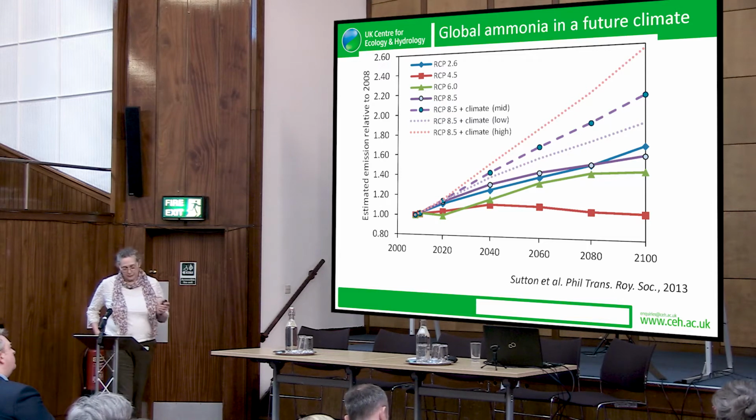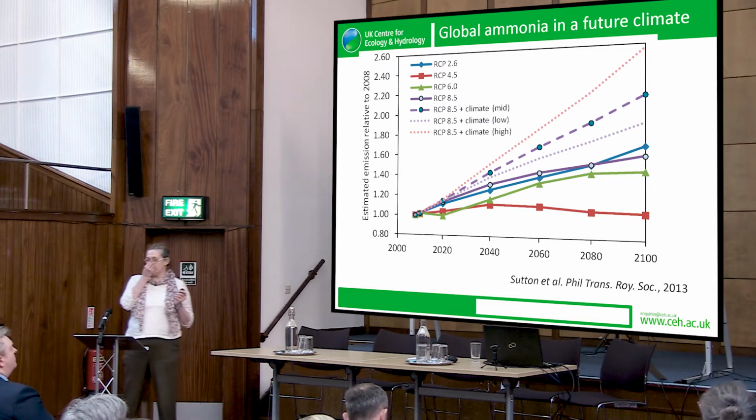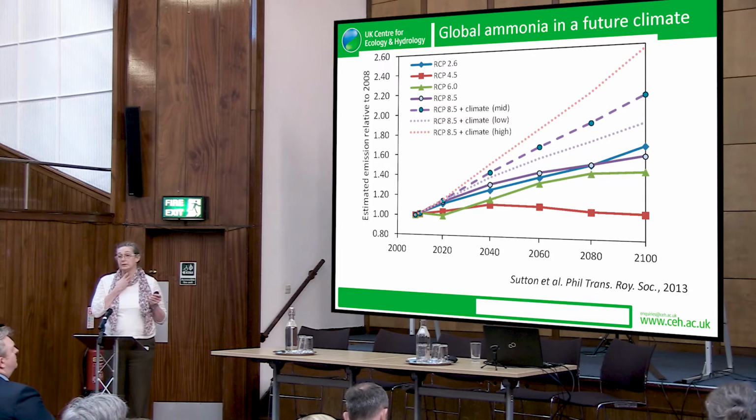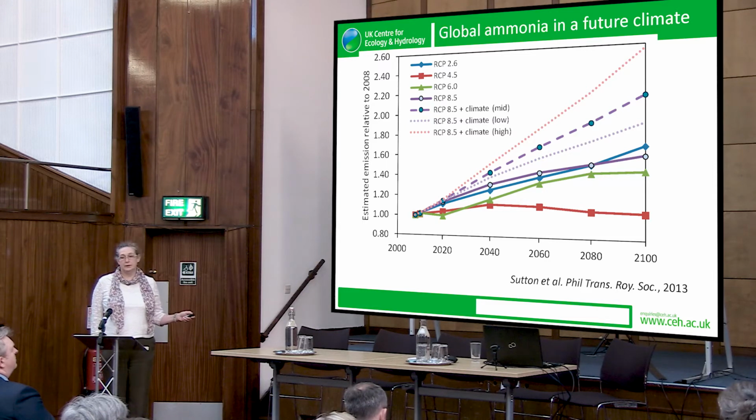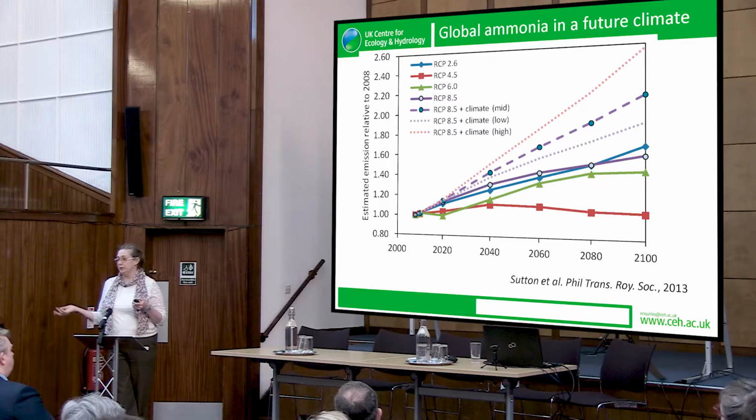So, ammonia. Ammonia is a key challenge pollutant for the UK and globally. The emissions in future climates, this is the best case scenario, is that it stays about the same concentrations as we are currently in. In all other scenarios, it goes up. For every 5 degrees increase in temperature, you double the ambient concentration of ammonia in equilibrium.